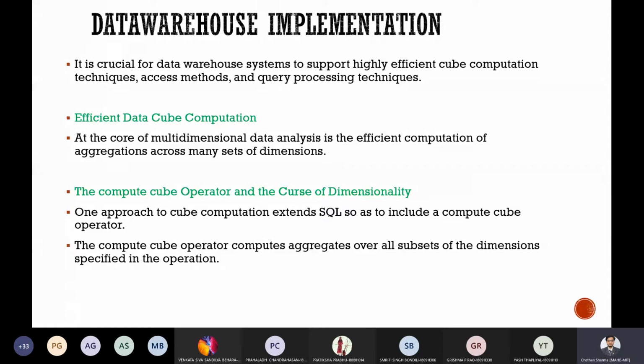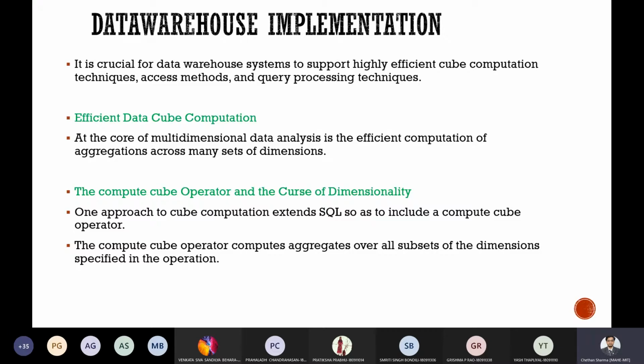As you all know, a data warehouse usually contains huge volumes of data, and your OLAP servers want decision support queries to be answered within seconds. It shouldn't take more time.